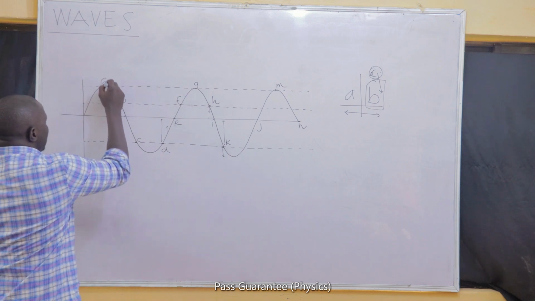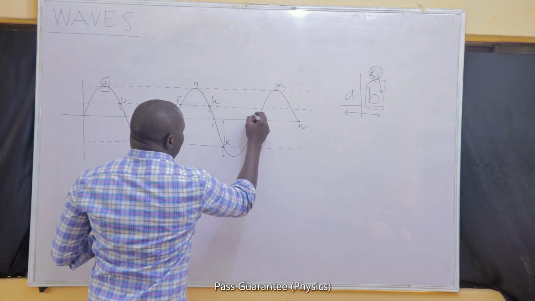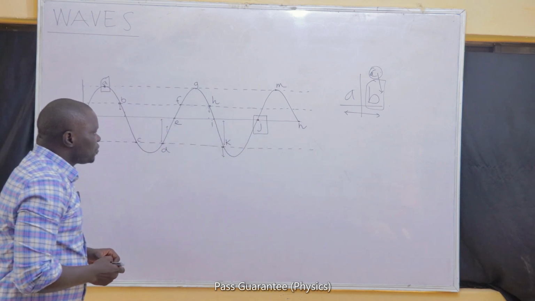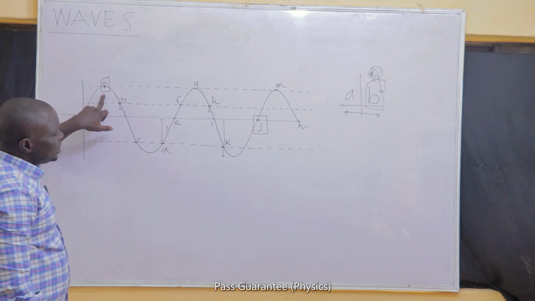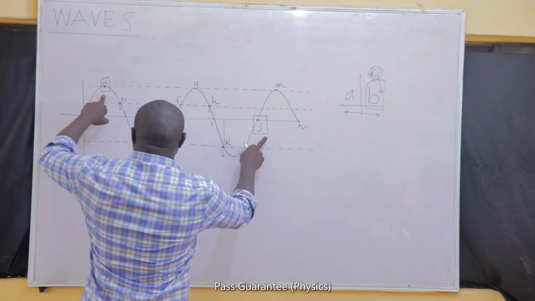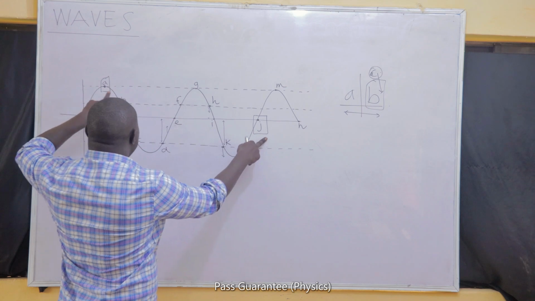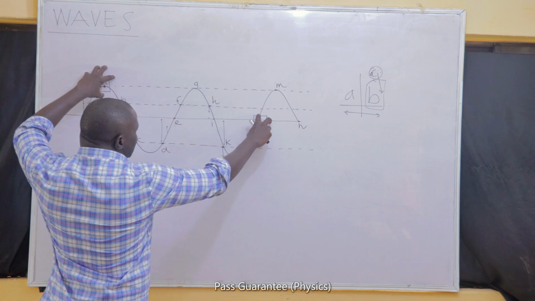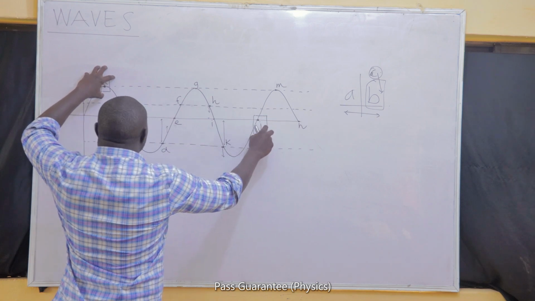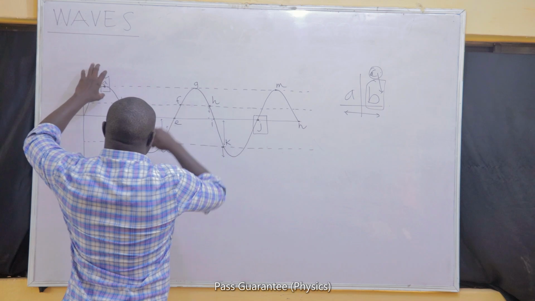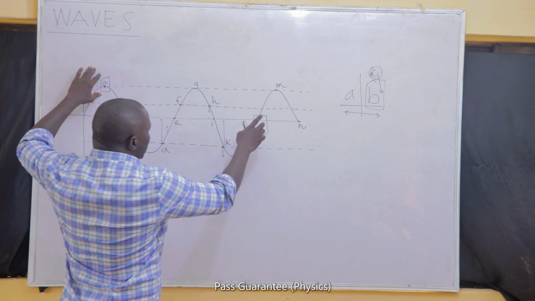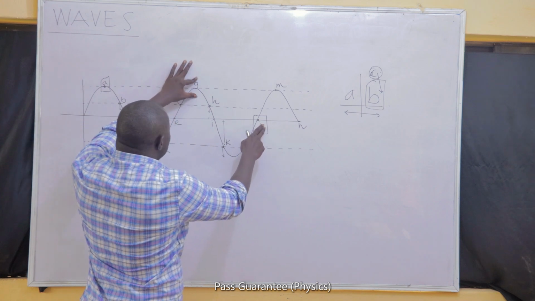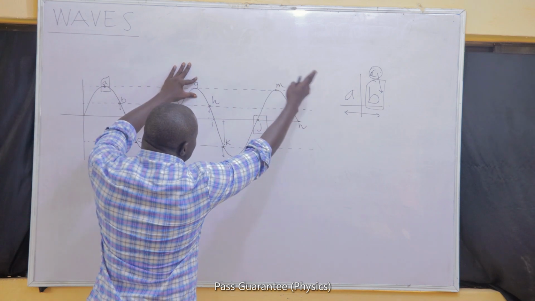This is point A, and this is point J. A and J are obviously not in phase, so they will have a phase difference. What will be their phase difference? I must look for a point in the neighborhood of J that is in phase with A. The closest point to J that is in phase with A is G. The next point that is in phase with it is M, and M has already passed it.